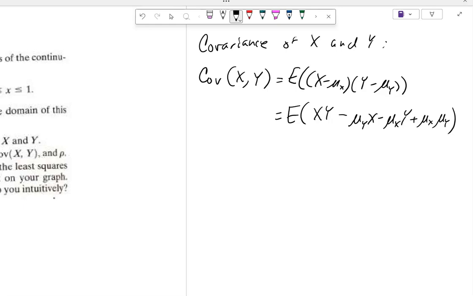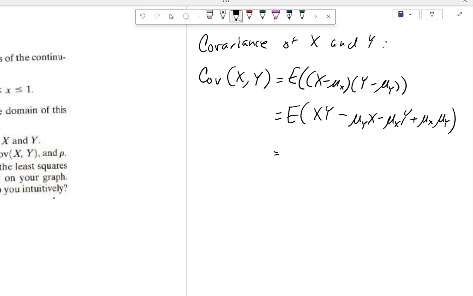But we know that as far as expectation goes, what can I do with the expectation relative to the sums and differences here? Split it, good. And then if I have a constant inside the expectation, what can you do with the constant? Pull it out, and expected value of a constant is the constant, right?